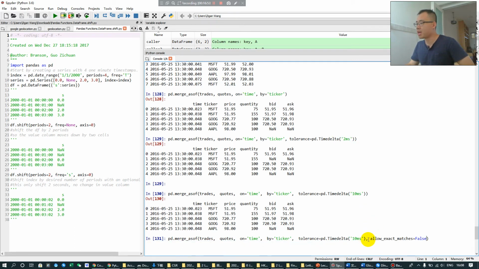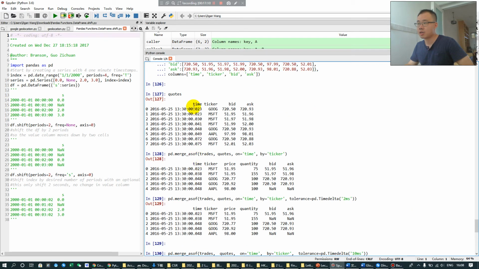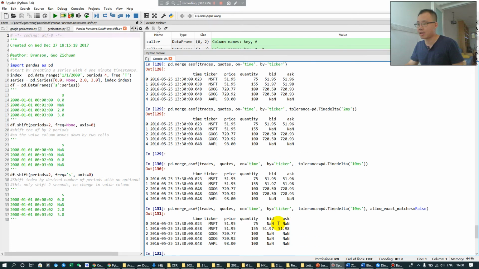But if we have this one, allow exact matches is false, then we will have many NaNs. Because for the 023 here, it doesn't have a Microsoft bid and ask price before, not equal to, but before 023. So we have a NaN here.